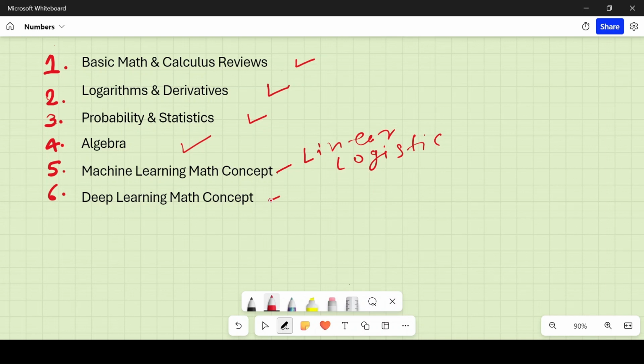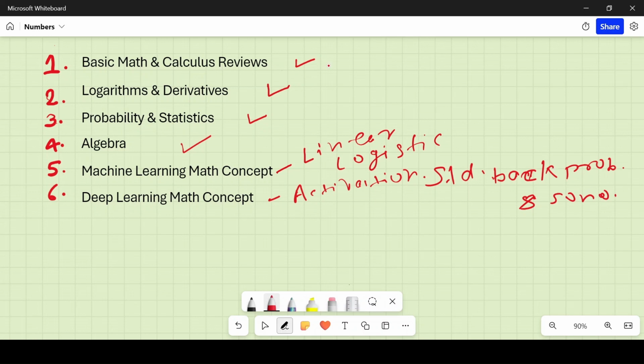And in this deep learning math concept, we are going to look into the math behind activation function, standard deviation, back propagation, and so on.